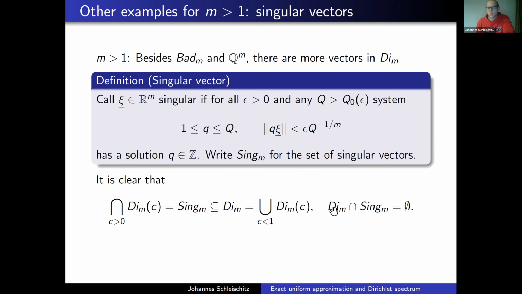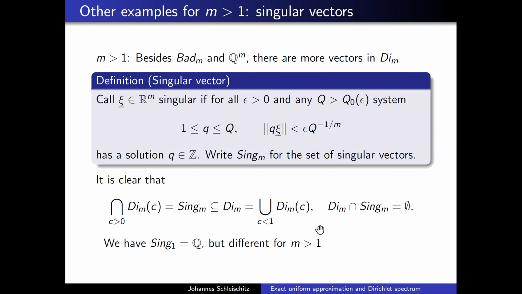Sorry, in the right-hand side I mean Bad M, a mistake again. And we have Sing 1 is Q. That's what we saw before, right? But even for 1/2, you would get only Q. But it turns out for M greater than 1, this is very different, which I will talk about on the next slide.